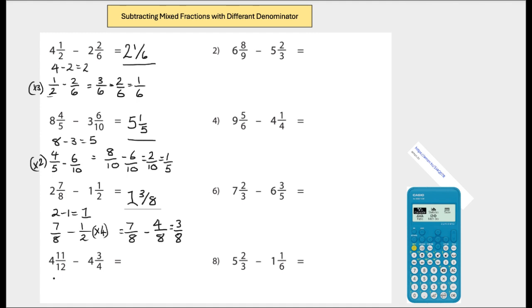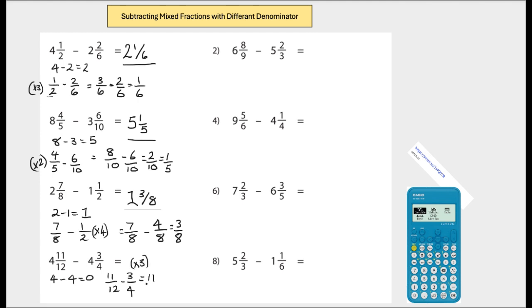Next one. 4 minus 4. Well, that's 0. So we haven't got a big number for this one. 11 over 12 minus 3 over 4. Well, I know that to make this 4 a 12, we've got to times this fraction by 3.